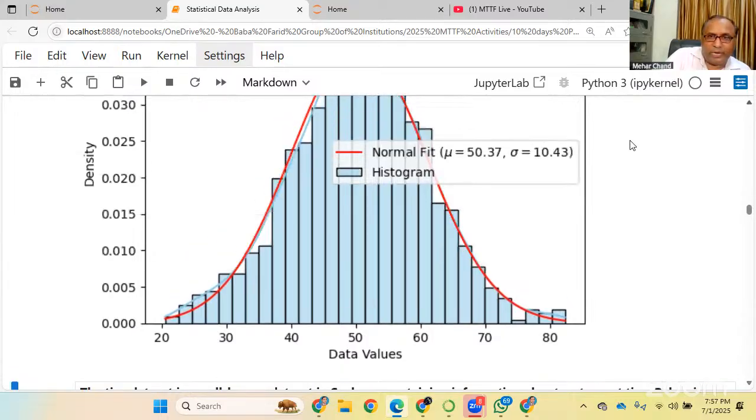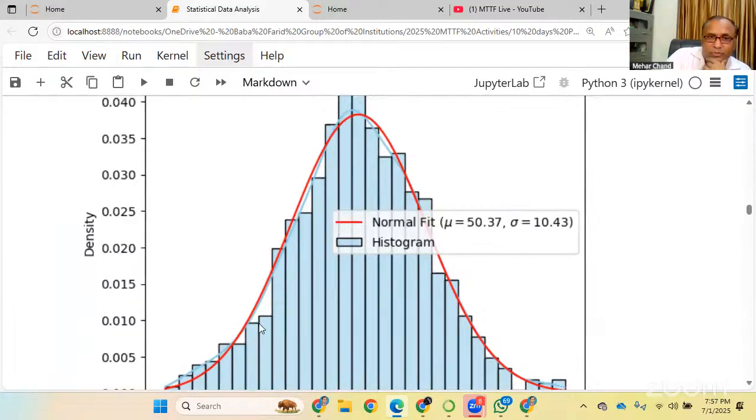So here you can easily compare the KDE curve and the data, and mainly when the histogram bins, most of the bins are under this normal curve. You can see most of the bins are under this normal curve, and when a large number of bins are under the normal distributed curve, then the data is well distributed.